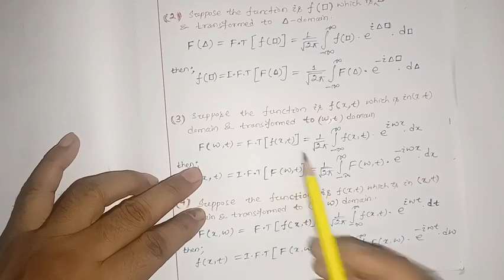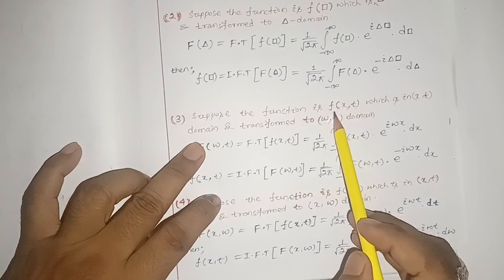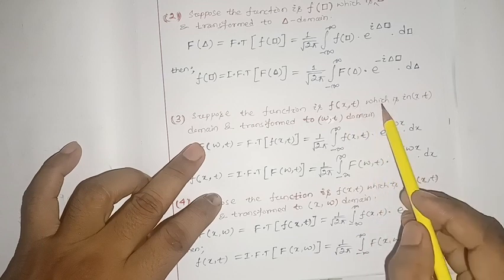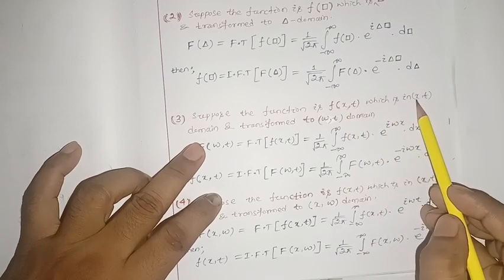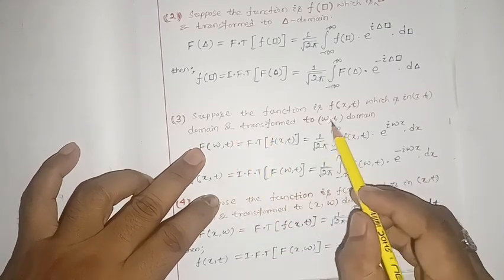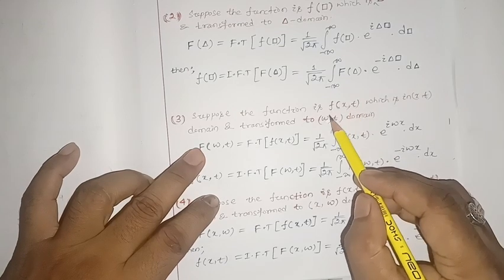Okay, so here suppose the function is small f, which is a function of x and t. These are the two variables x and t, which is in which domain? The xt domain, and it will be transformed to omega t. So if I consider these two variables xt, it is transformed to omega t.